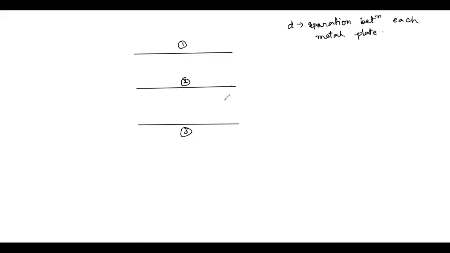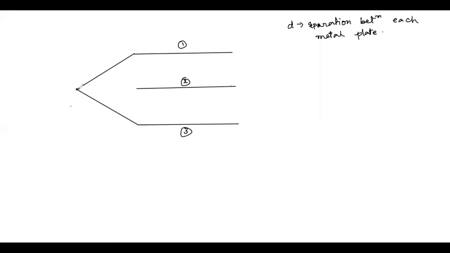And then I will connect metal plates 1 and 3 to the positive terminal.